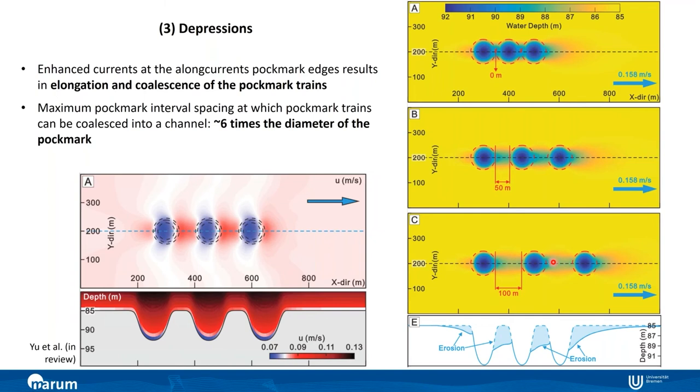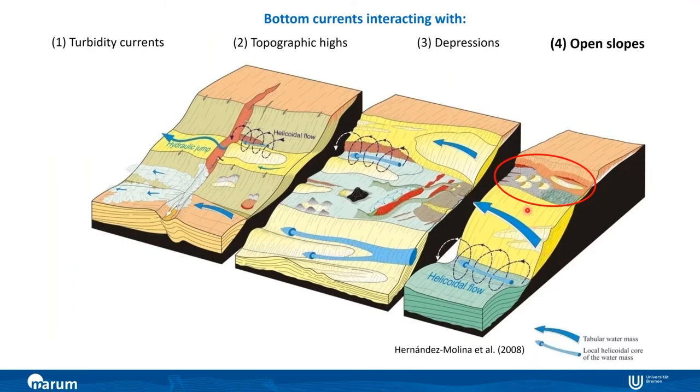But sometimes we can also find channels in environments that don't show any particular change in the general topography. And there are other processes that seem to form them. So they are located in open slopes, so to say. And here you have an example from the Namibian margin.